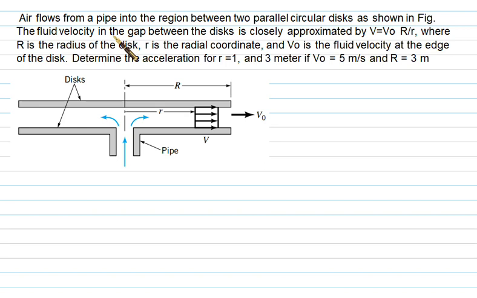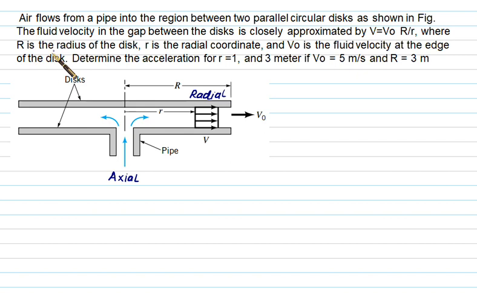Air flows from a pipe into a region between two parallel circular discs as shown in the figure. So we have the two discs and the air is passed through the axial entry, and the discharge is radial. This is purely radial. The fluid velocity in the gap between the discs is closely approximated as V equal to V0 into capital R divided by lowercase r.